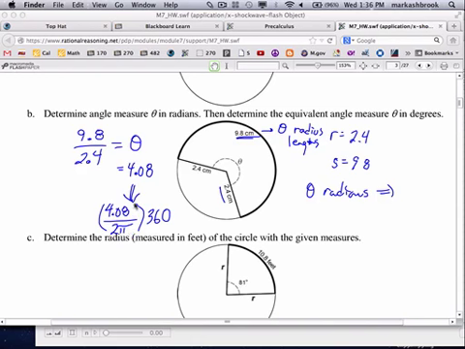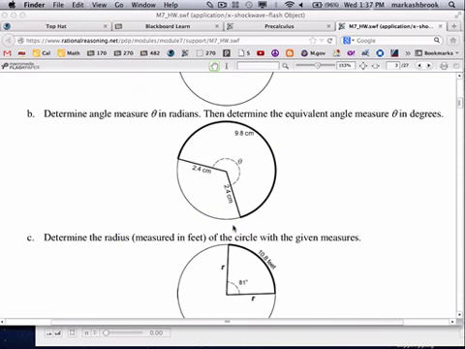So we want to take that same fraction, or that same percentage, of a total of 360 degrees. And that'll give us degrees. Questions on part B? Part C.